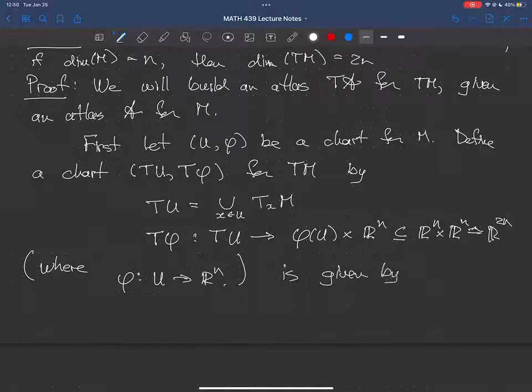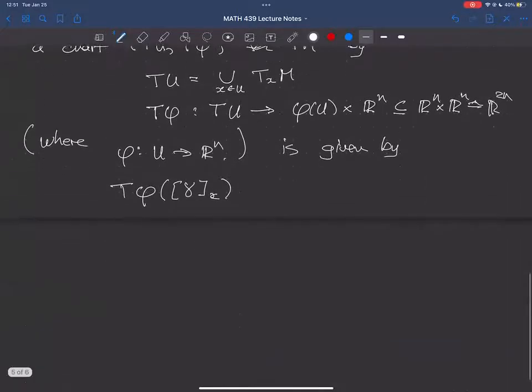Okay, so T phi is going to take a point in TU. Okay, and a point in TU is an element of some tangent space at a point in U. Okay, so what I know then is that this is going to be an equivalence class of curves. That's what a tangent vector is. So it's going to be an equivalence class of curves at some point x.